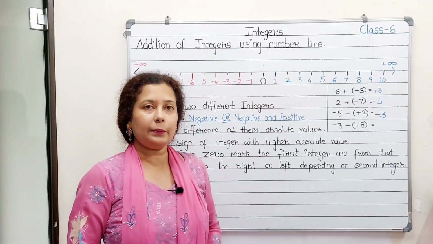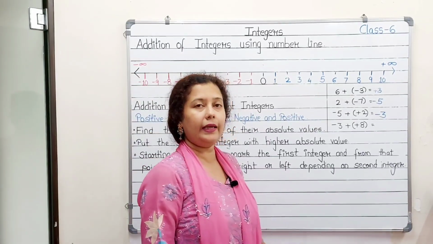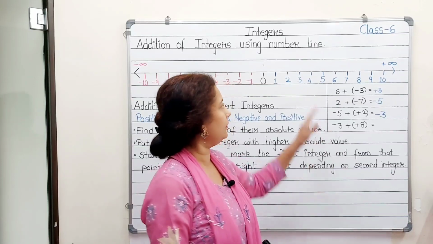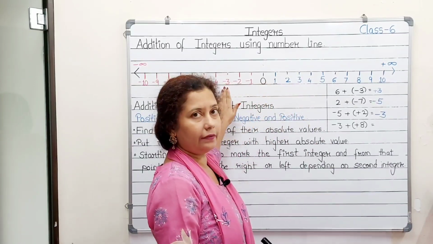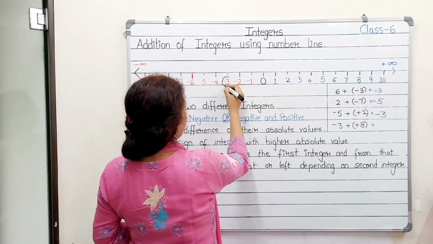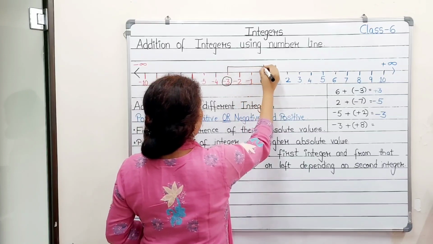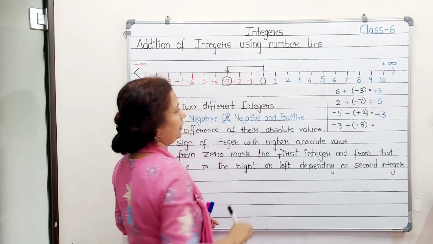Now the last example, minus 3 and plus 8. Again the first integer is negative, so we will move to the left side of 0 to mark minus 3. From 0 we have marked the first integer as minus 3.